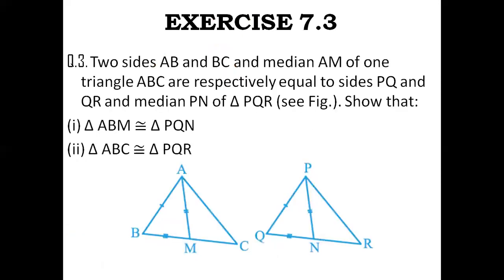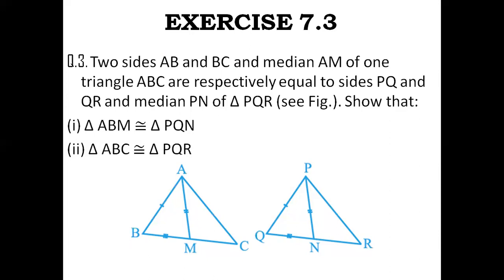Now let's get to exercise 7.3, question number 3, which says two sides AB and BC and median AM of one triangle ABC are respectively equal to the sides PQ and QR and median PN of triangle PQR. See the figure. What has been given is AB of triangle ABC is equal to PQ of triangle PQR.